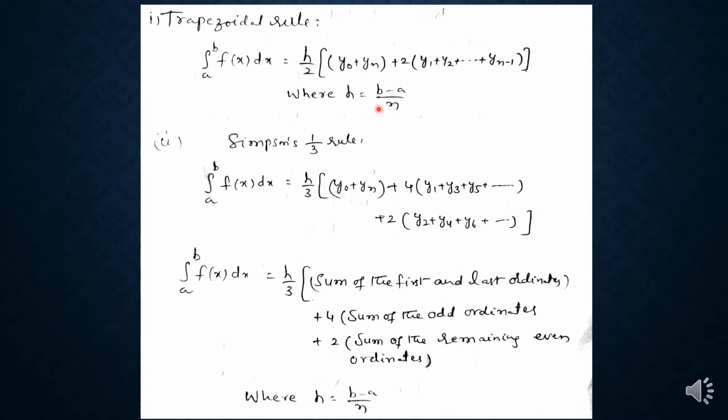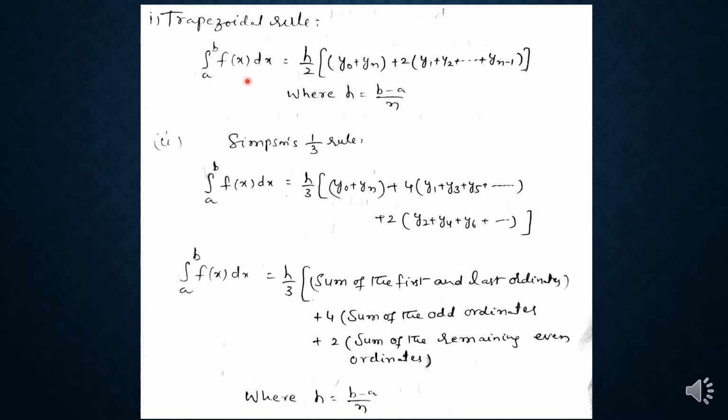Let y0, y1, y2, up to yn be the values of f at x is equal to x0, x1, x2, up to xn respectively. The simplest technique is to fit straight lines through y0, y1, up to yn and determine the area under these approximate functions. By adding these areas, we get the total area bounded by the curve f of x between the limits x is equal to a and x is equal to b along the x-axis.